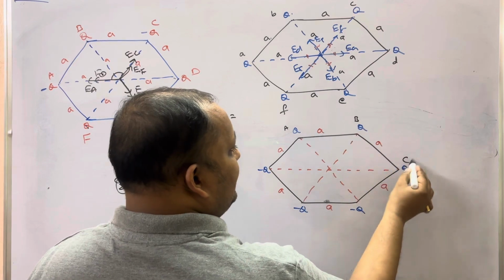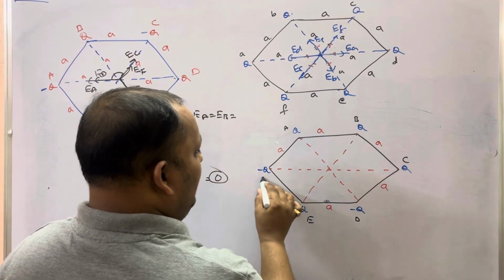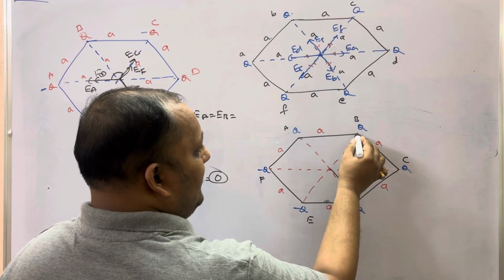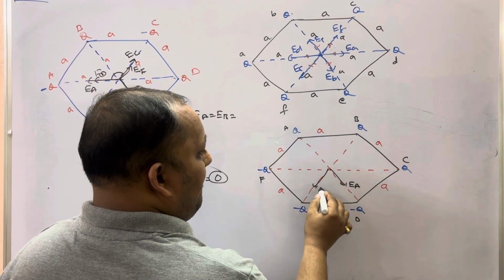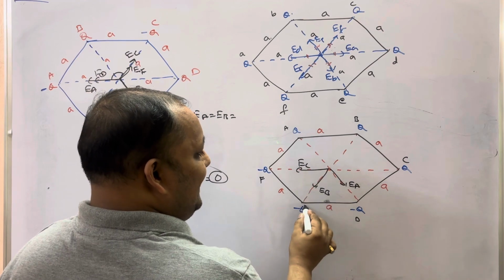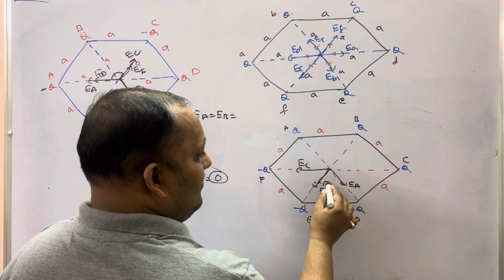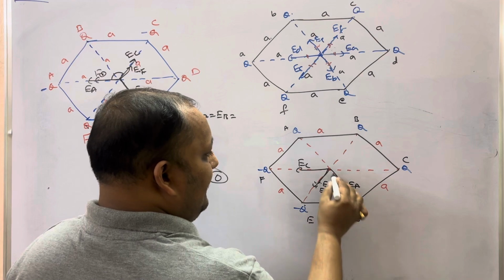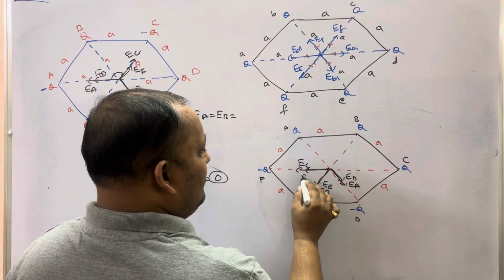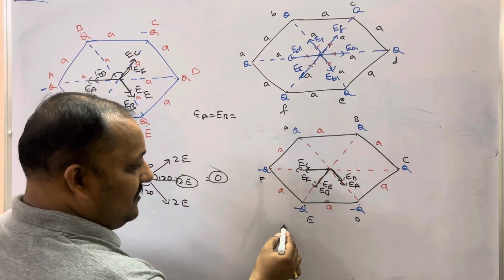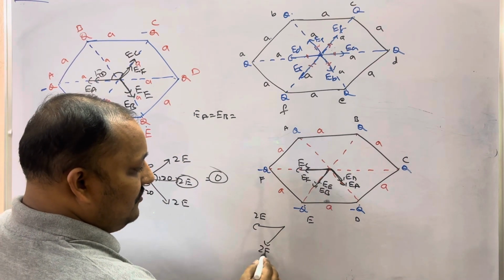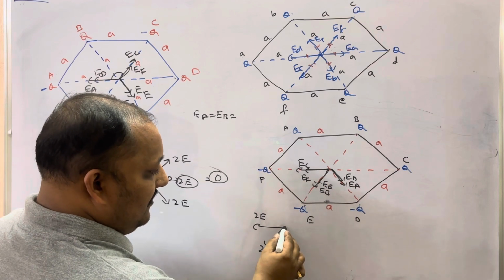A, B, C, D, E, F. EA, away. EB, away. EC, away. EE, towards. ED, towards. EF, towards. 2 towards, therefore 2E. 2 towards, therefore 2E.